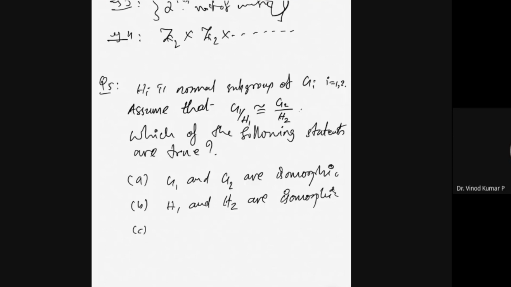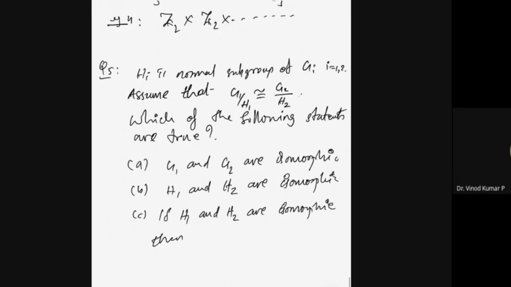The third is, if H1 and H2 are isomorphic, then G1 and G2 are isomorphic.